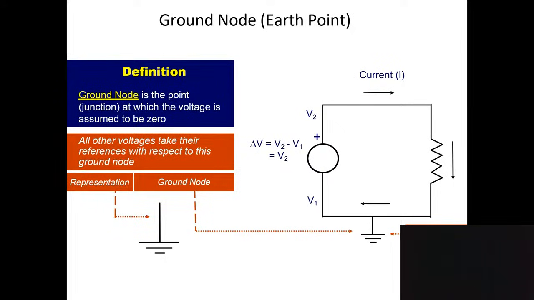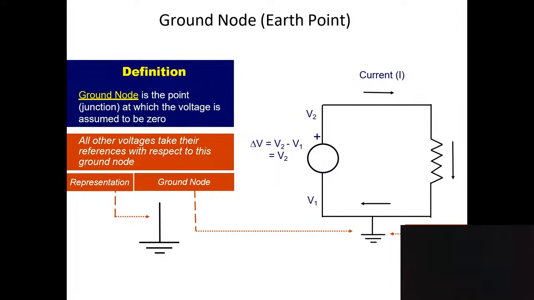Now we can use one more concept, the ground node. These fundamentals will help us solve problems in an easier manner, that's why I discuss them here. The ground node is a point, a junction, where we assume there is no voltage.